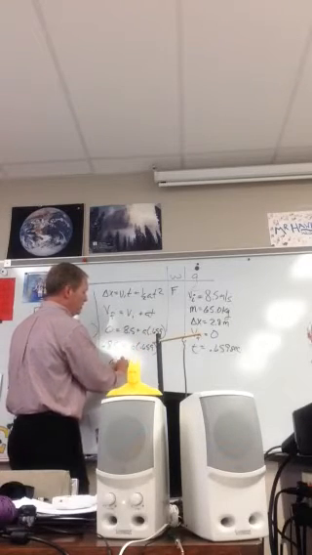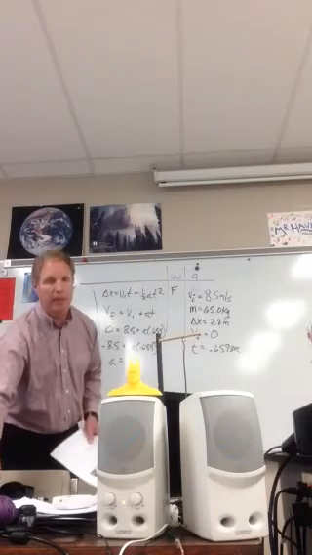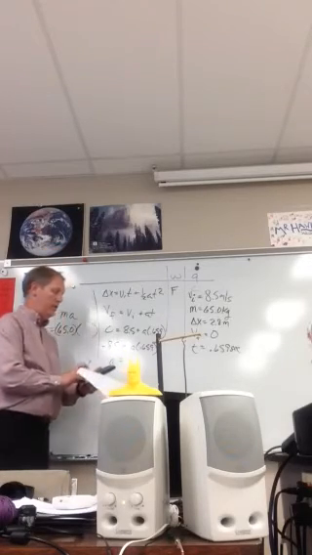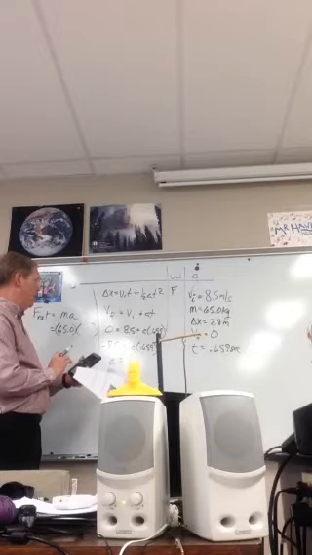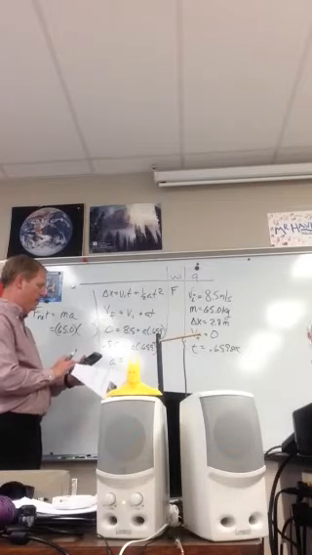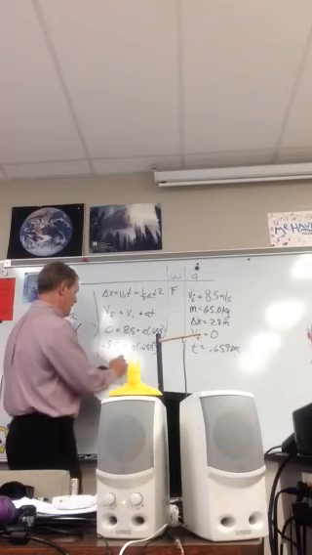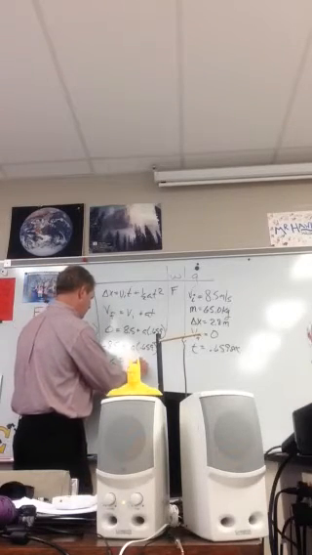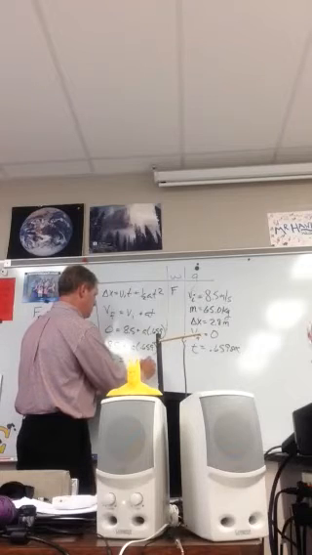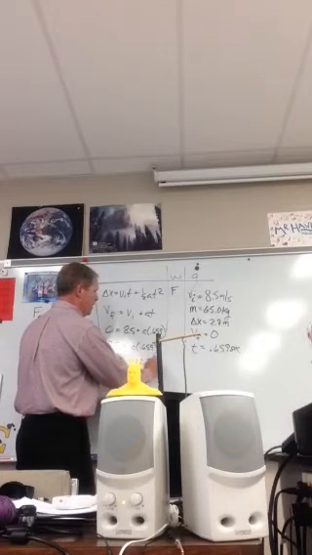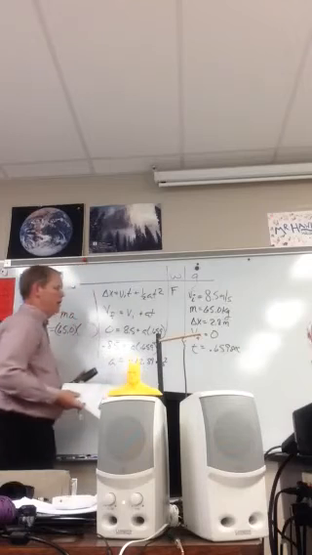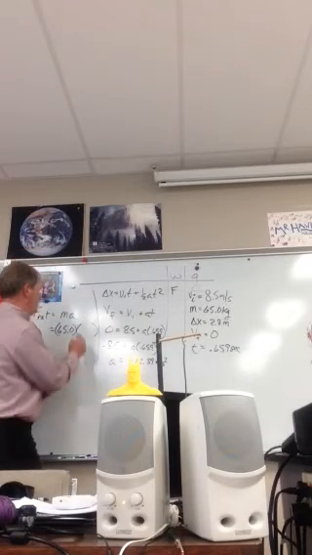So the acceleration is going to come out negative because he's stopping. He's slowing down. The force is also going to come out negative too because of that, won't it? So 8.5 divided by 0.659 equals negative 12.89. Okay, that's good enough right there. All right, now let's put that over here.